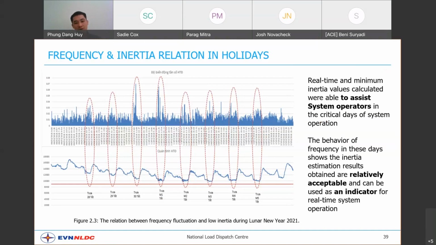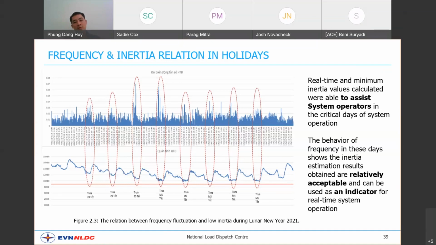Whenever the inertia is coming down near to the minimum line, which is usually at noon time when load is very low and solar is a lot, then we have the problem that you can see that the fluctuation of frequency is much higher than the normal time.